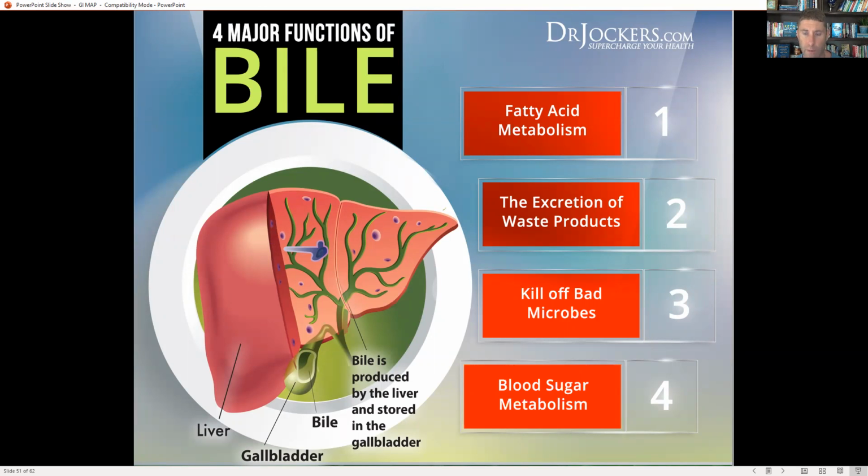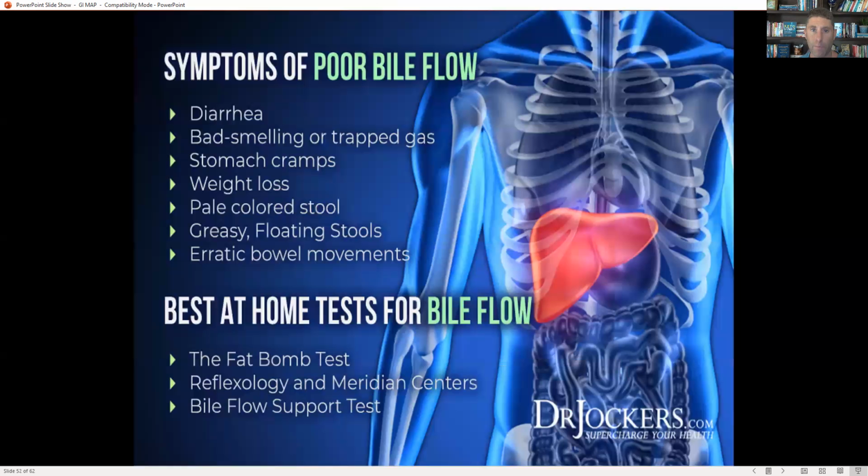4 major functions of bile: helps with fatty acid metabolism, helps excrete waste products, kills off bad microbes, and also very important for blood sugar metabolism. Okay, symptoms of poor bile flow: diarrhea, bad smelling or trapped gas, stomach cramps, weight loss, pale colored stool. Bile is what puts the brown in your stool.